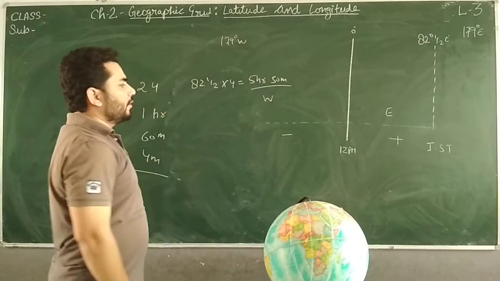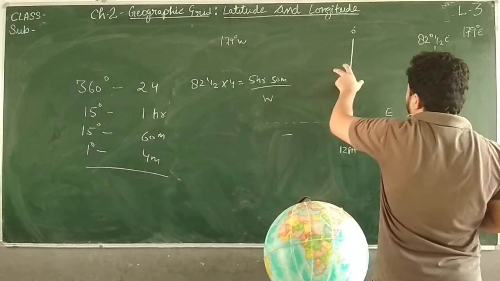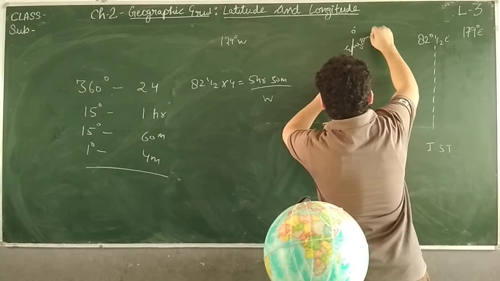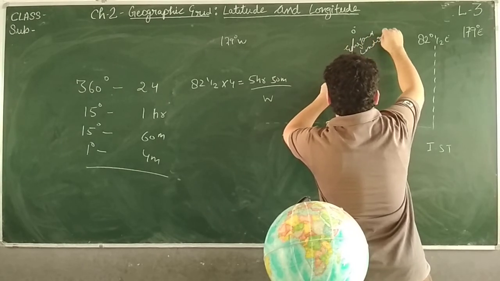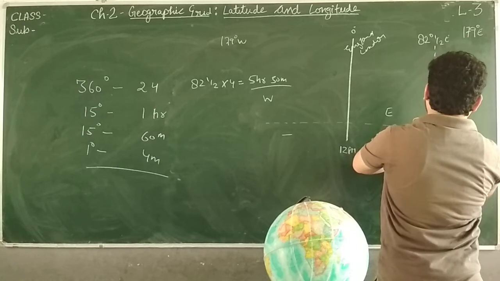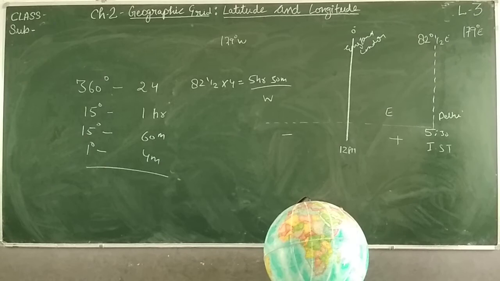You can work it out. Getting or not? So here, if it is 12 p.m. in England, London, then it will be 5:30 in Delhi. Clear? 5:30 at Delhi.